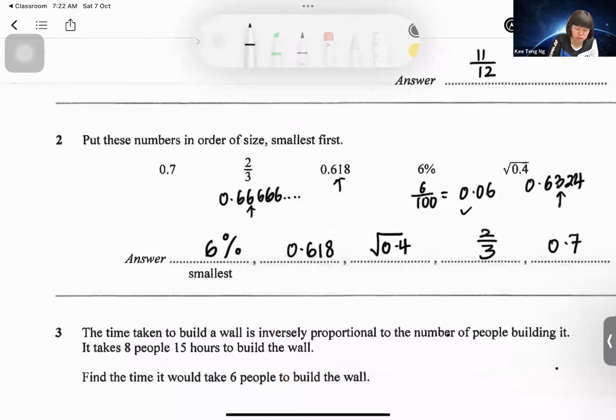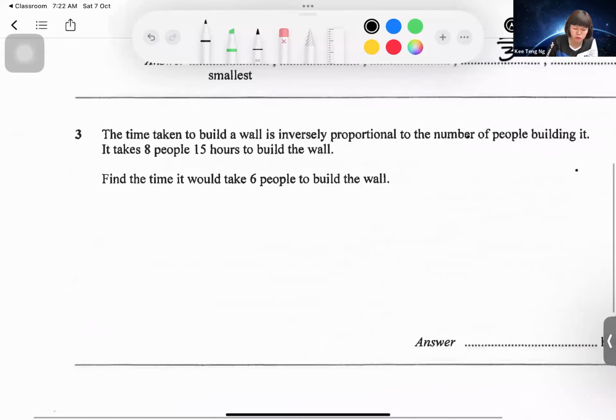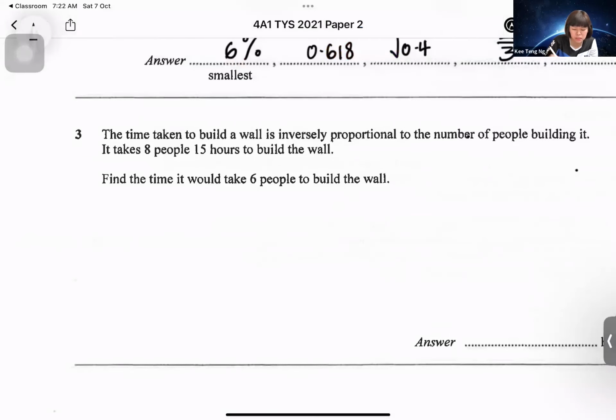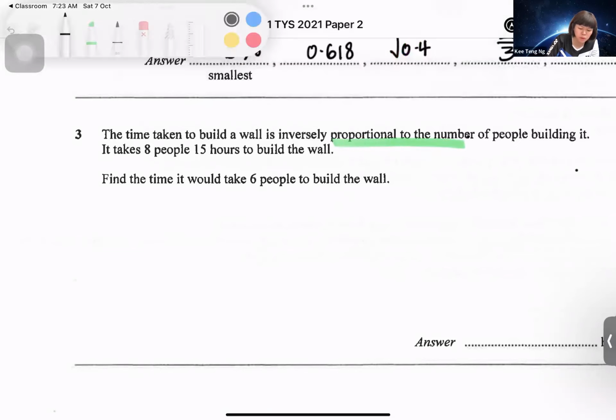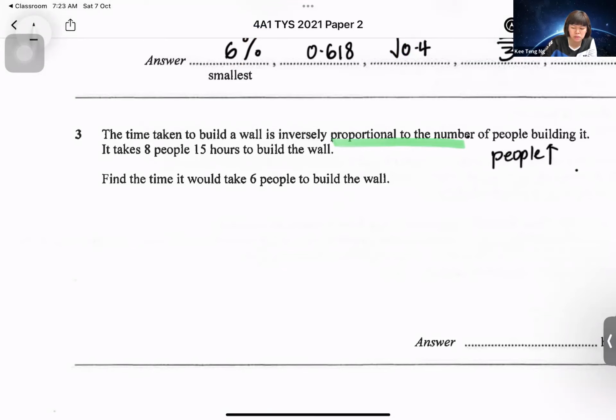Next question. The time taken to build a wall is inversely proportional to the number of people building it. What does inversely proportional mean? If the number of people decreases, then the time taken will increase. So they go in the opposite direction: one goes down, one goes up.